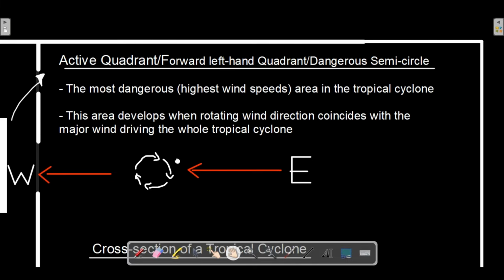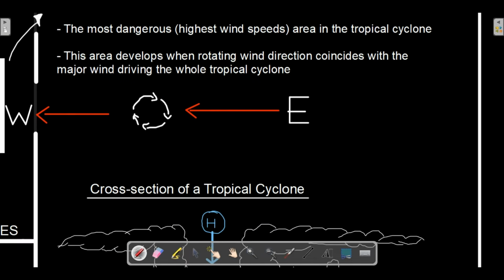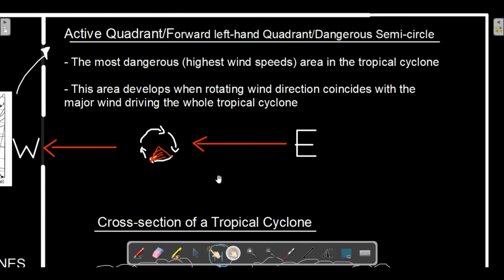So within this particular cyclone there is a region here. It's like a piece from a full pizza. It's just one region that is the most dangerous, that has the highest wind speeds, that is very aggressive.